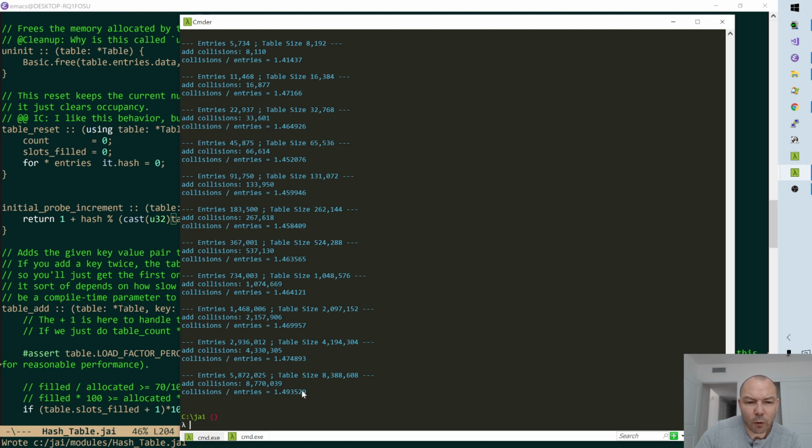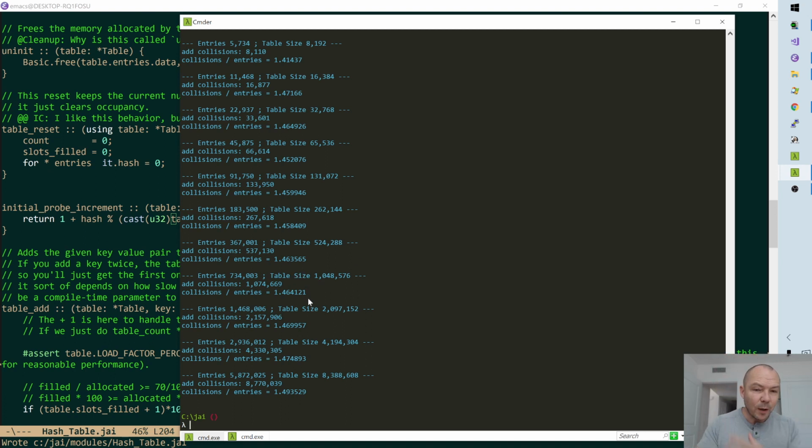And we go up to like 1.5. So it's growing, but very slowly. Like the amount of noise here makes it hard to see a trend if indeed there is one.